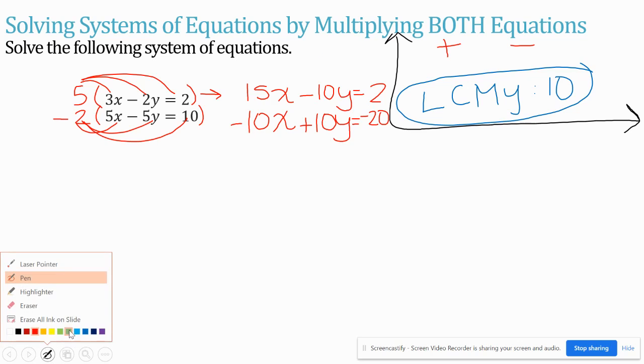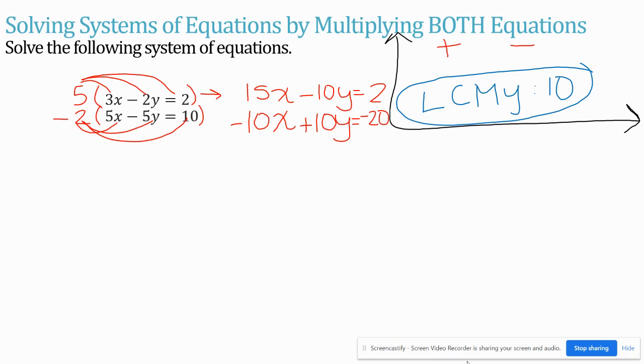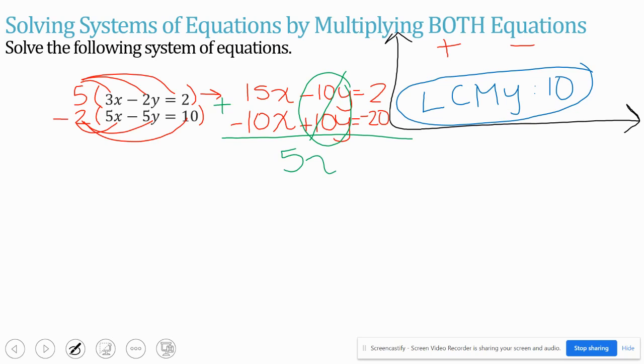From there, we should know how to do this. We're going to add these together. My additive inverses are going to cancel out. 15x plus a negative 10x gives us 5x. Oh, I made a mistake. Hopefully you caught that. 5 times 2 gives me 10. So the mistake that I made is one that a lot of people make.